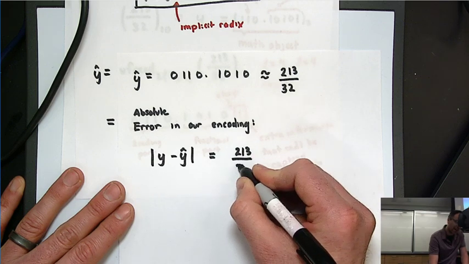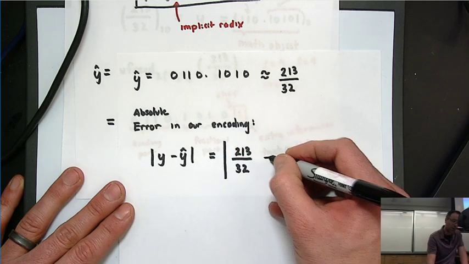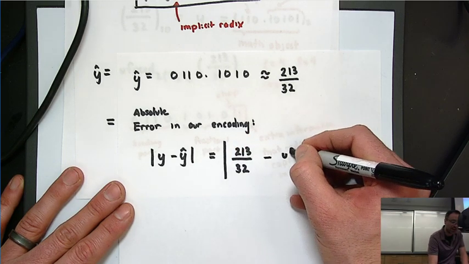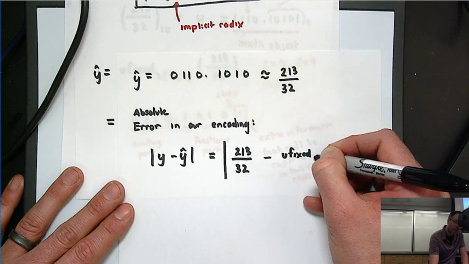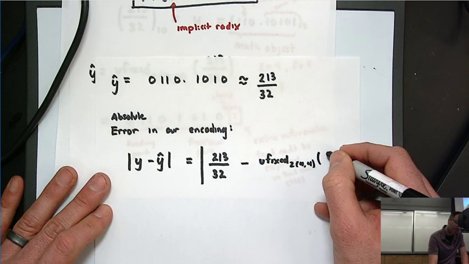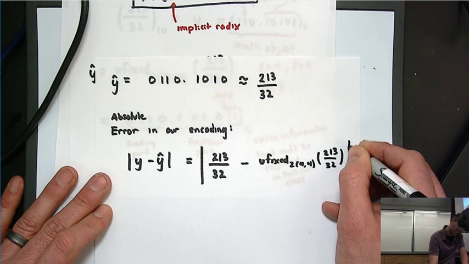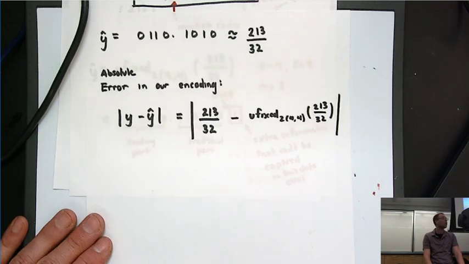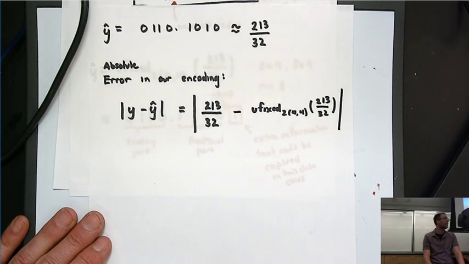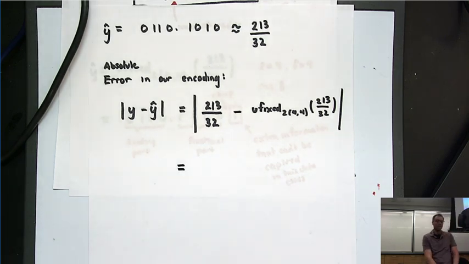213 divided by 32. That was the exact version. And what was y hat? Well, y hat was the data representation of y stored in the memory of our particular computer, right? Okay. What would that be?